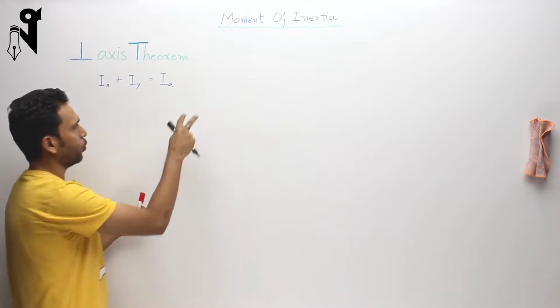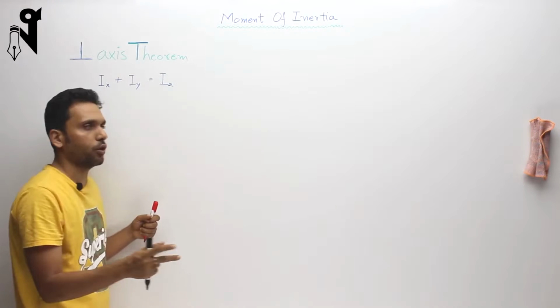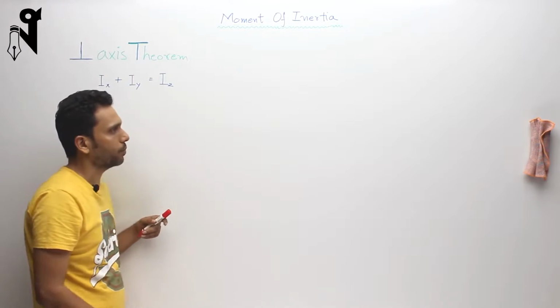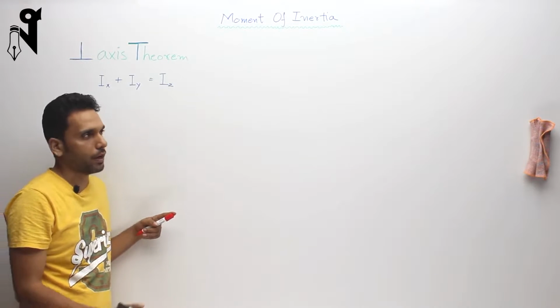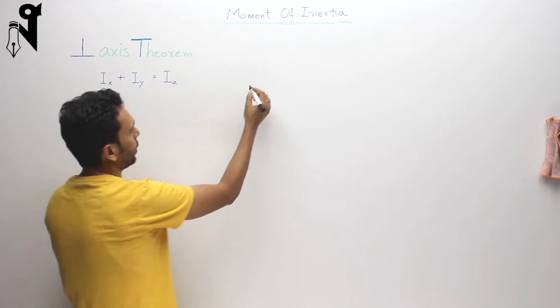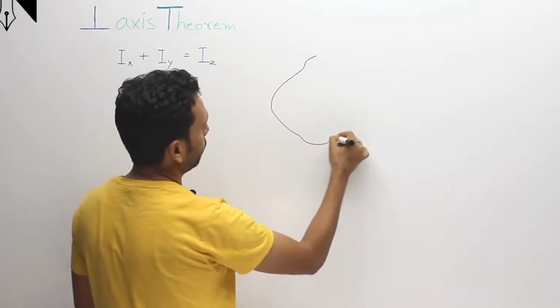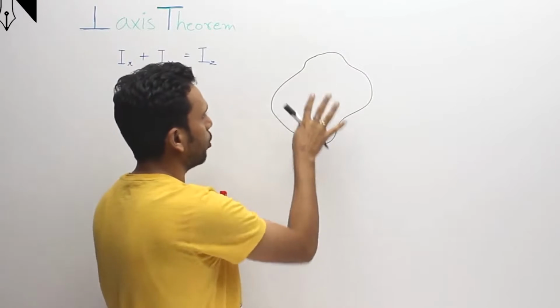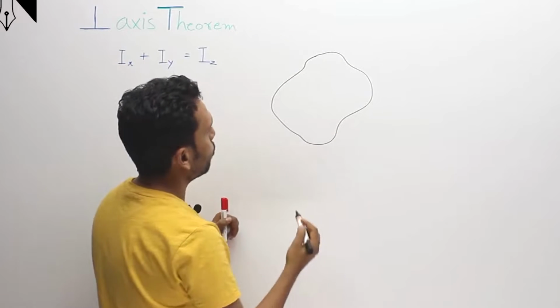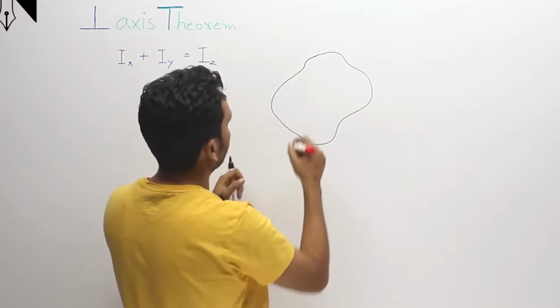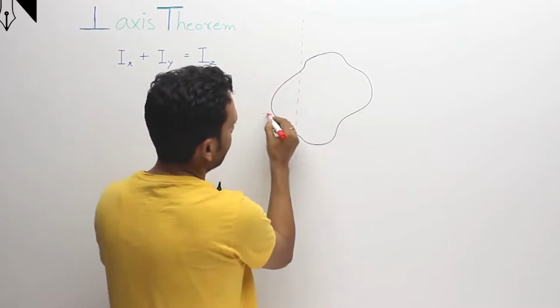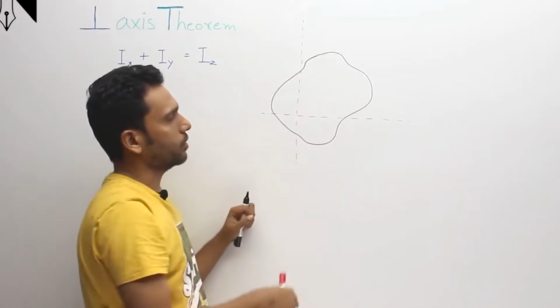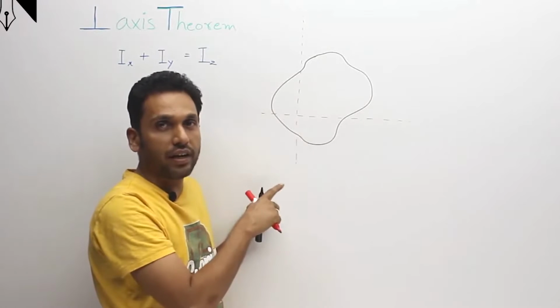So I'll just tell you what the theorem is, and then we'll do a quick proof of that theorem and see where all it can be applied. Suppose you have a body which is absolutely flat. It is in the dimension of the board. It's not 3D. That's the body. And suppose you know the moment of inertia through any two axes of the body which are perpendicular to each other.